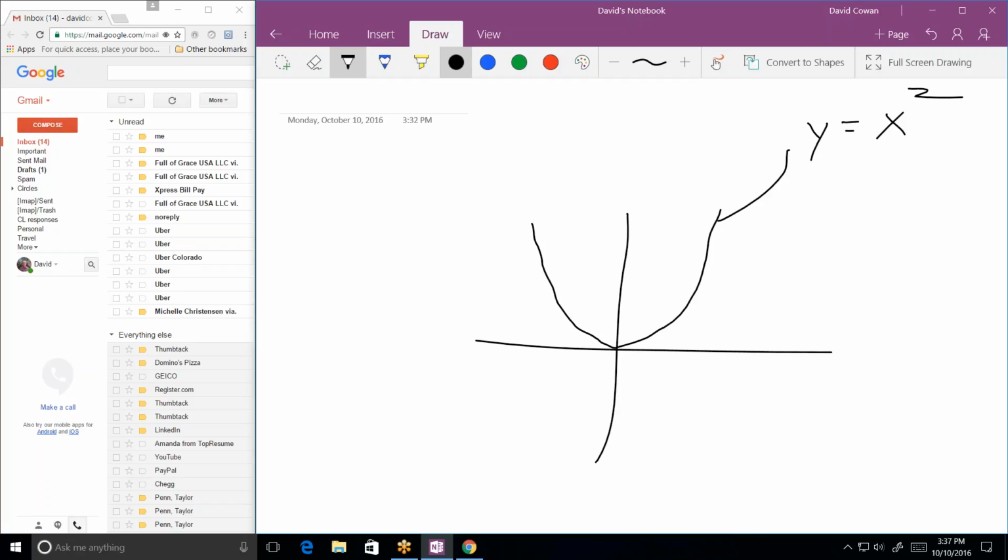Well, there's something else. In fact, the general vertex format for a parabola is actually this.